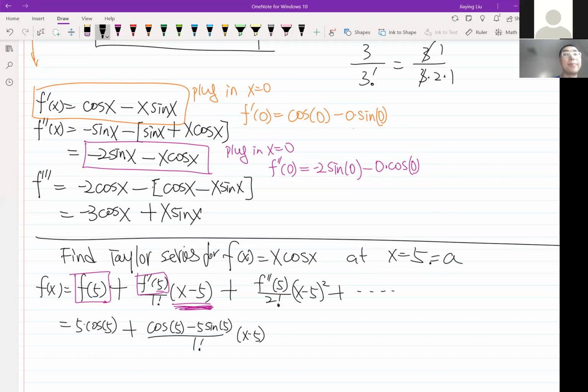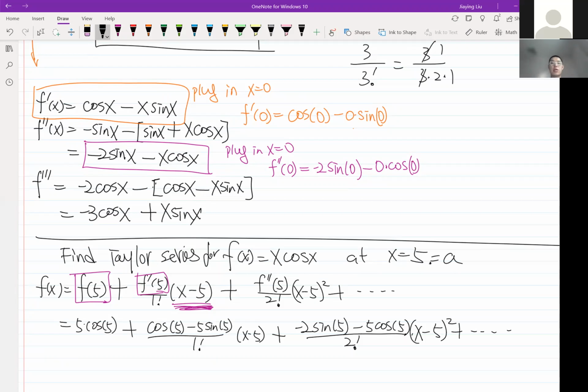And plus the second derivative, again copying it, so that's -2 sine 5 minus 5 cosine 5, divided by 2 factorial, times x minus 5 squared.